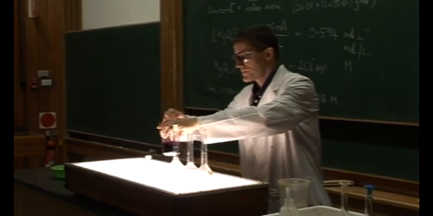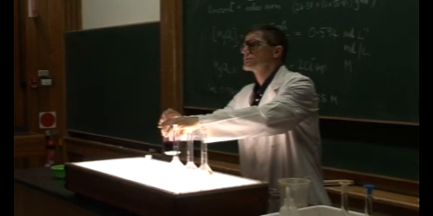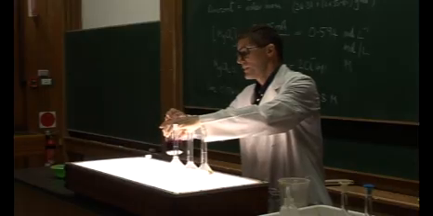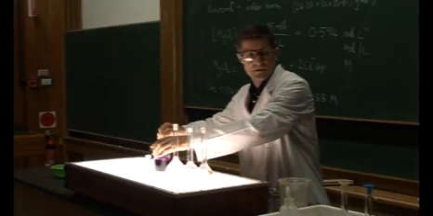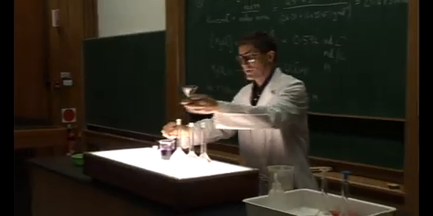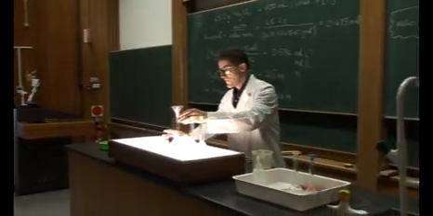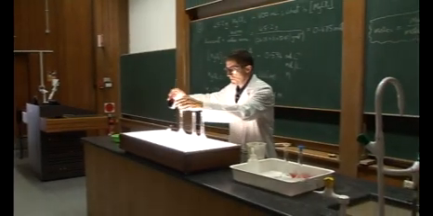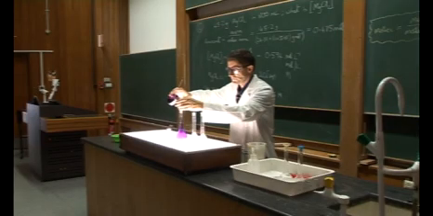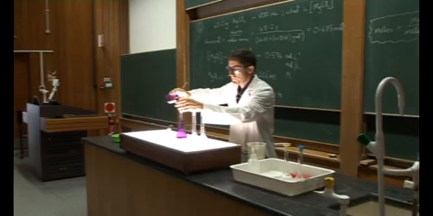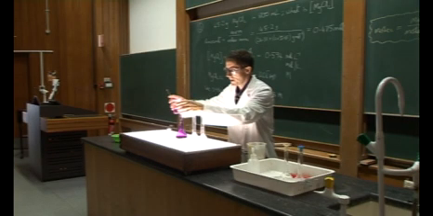So what I hope to have done at this stage is dissolve that solid. Feel a little bit of grit still left there. I'm going to pour it into a volumetric flask. This flask is calibrated to give a precise volume at 20 degrees centigrade.